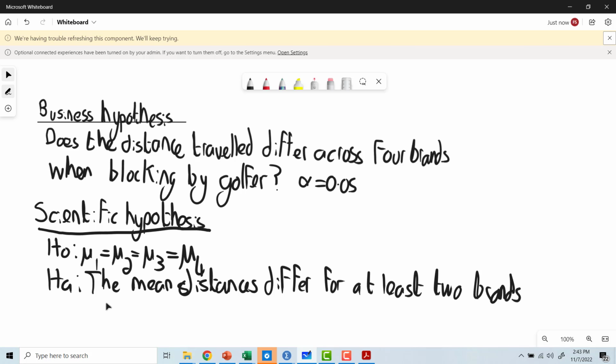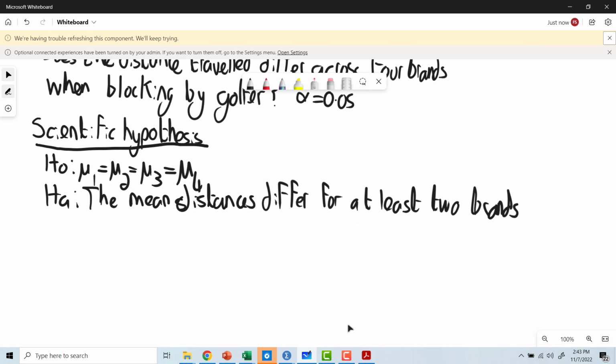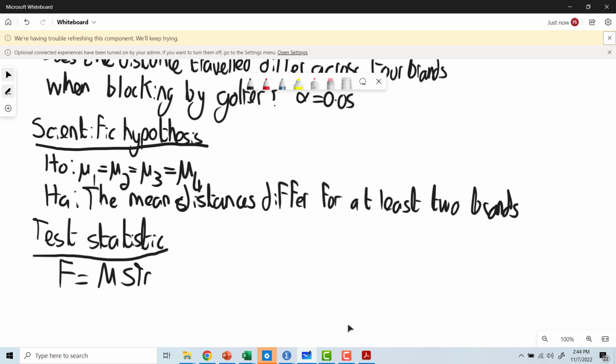Okay, let's move that up a little bit. And the test statistic is that F is the mean squared treatment all over the mean squared error.